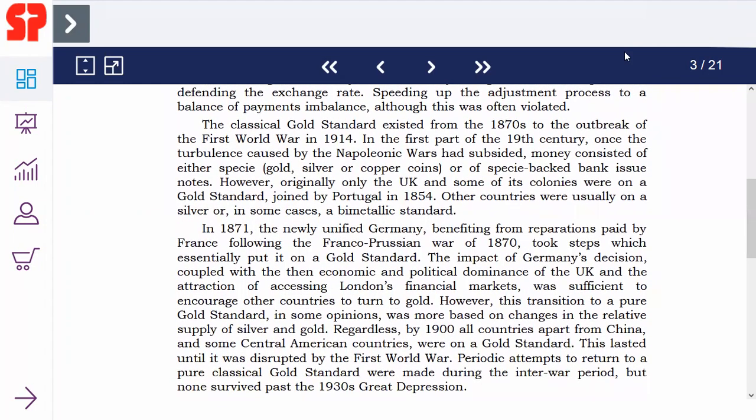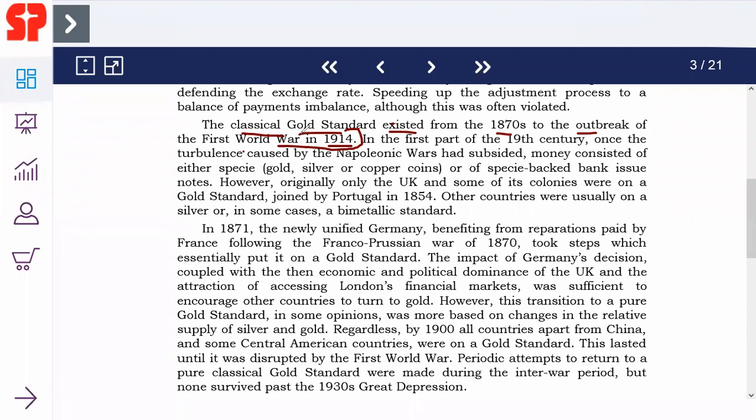See, as we have understood, the classical gold standard existed from 1870 to the outbreak of the First World War in 1914. So this standard was prevalent only till the First World War. After this, the gold standard was not followed by any country.